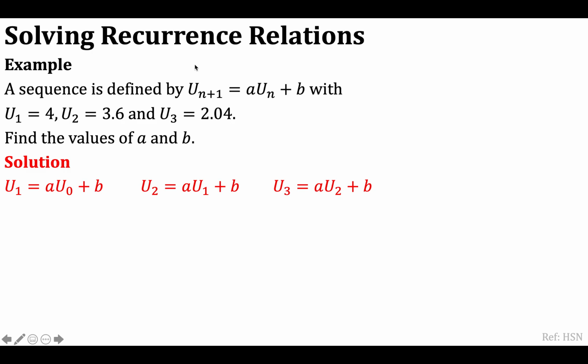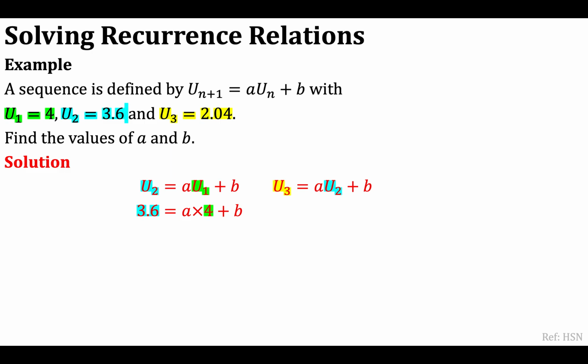At the moment I'm only using this bit of information in the question, but I do need to bring these in. So I do know u1, I know u2, and I know u3, and this first equation here involves u0, which obviously isn't a piece of information I have, so I can get rid of that.